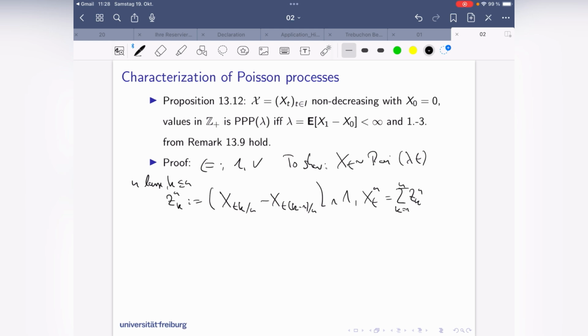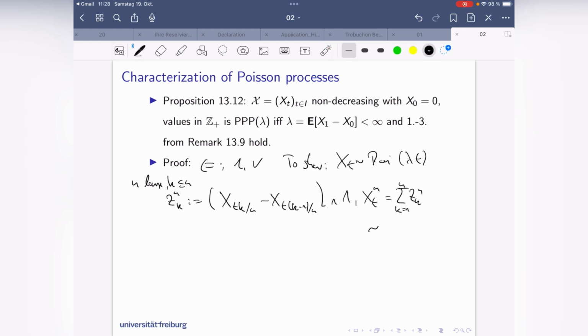The interesting thing here is that I know the distribution of xt to the n, because between such two time points, t_(k minus 1) divided by n and t_k divided by n, just two things can happen. There is an event, then this thing here is 1. If there is more than one event, it's also 1 because I make the minimum with 1 here. Or there is no event, and then that's 0. So here is a sum of 0-1s. The 0-1s are independent because of the independent increments.